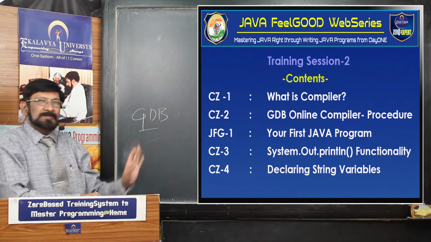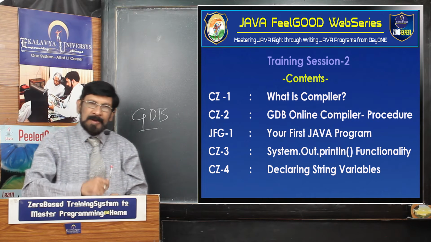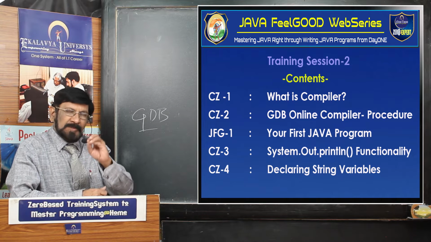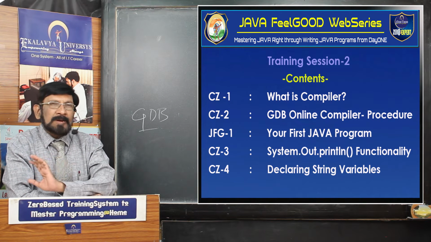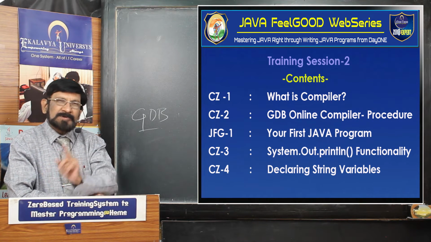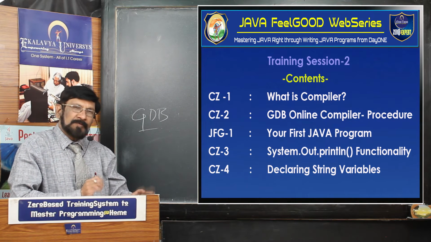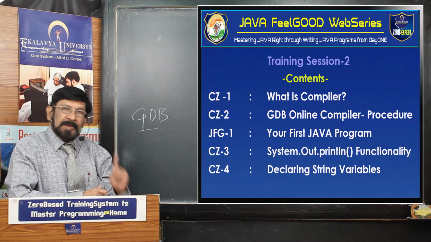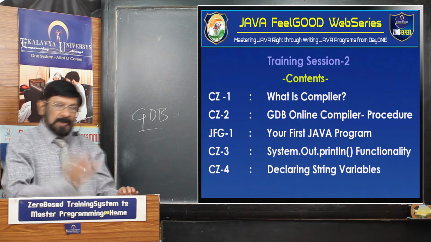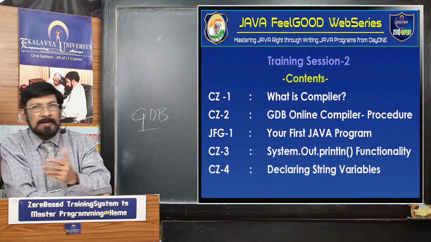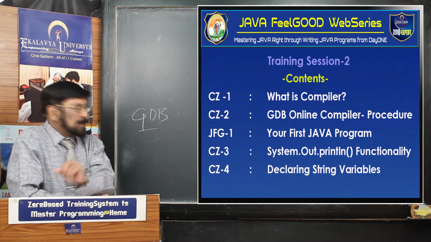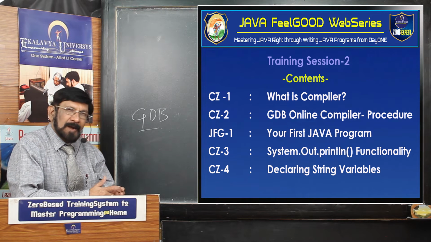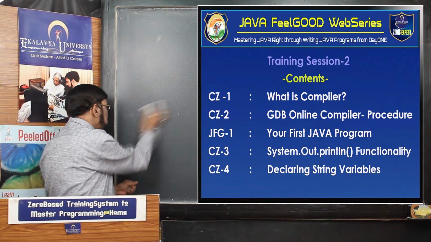Using this is very easy compared with a conventional compiler. Just with a 5 minute explanation, you can understand everything and the procedure. Just by working out one program, you will be very familiar with it. So that's why I am recommending it. If you want to work on a conventional compiler, you do that. I don't discourage it. But if you want to use GDB online compiler, you enjoy it, and you can learn multiple languages at a time.